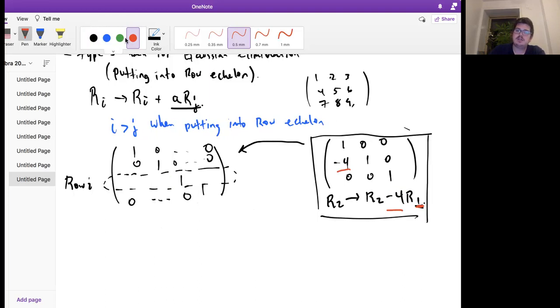A goes in the jth position. Now the question is, is A over here or is A over there? It's on the left. Why?